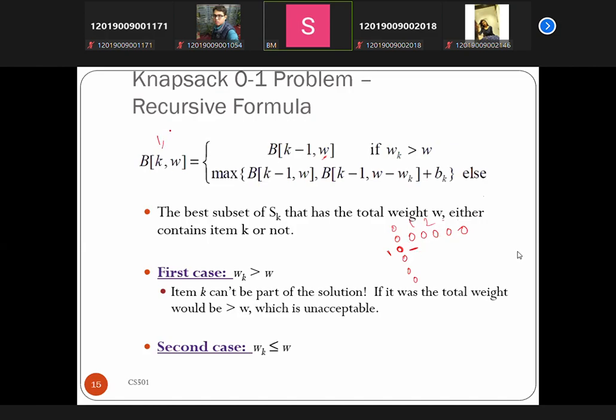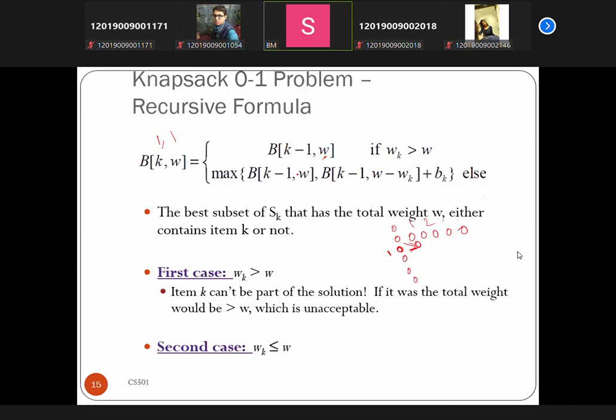Now W is the weight, the capacity. If that is greater, that will be 0. And this way, it will be 0 only.